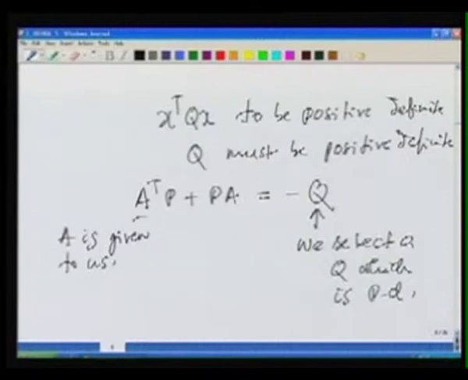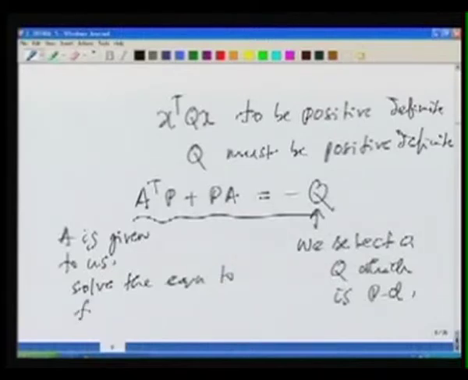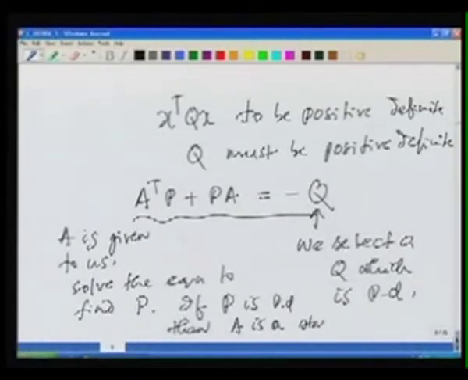Now, we solve this equation with a specific positive definite Q to find P. If P is positive definite, then A is a stable matrix. That is, the linear system is stable.